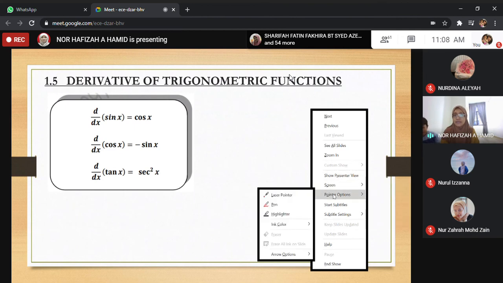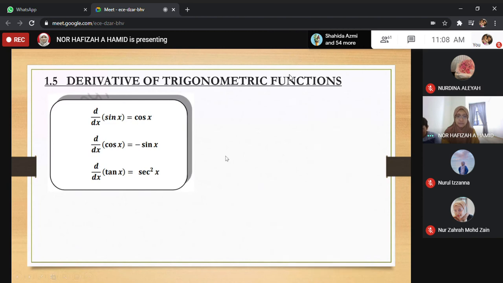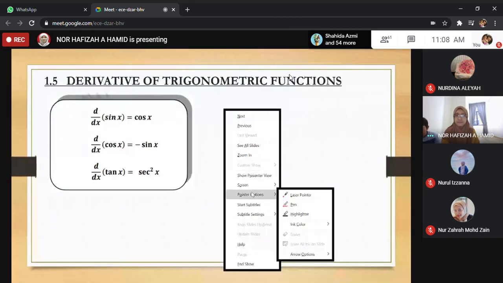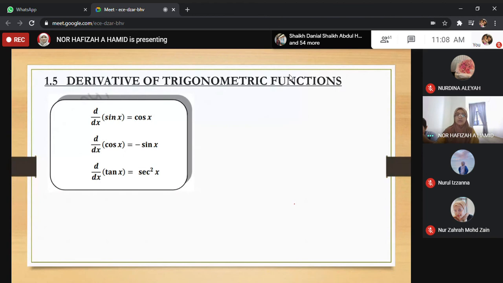So you can memorize all these formulas. Okay, so for formula number 1, differentiation of sine is equal to cos x. So this one is the first formula.